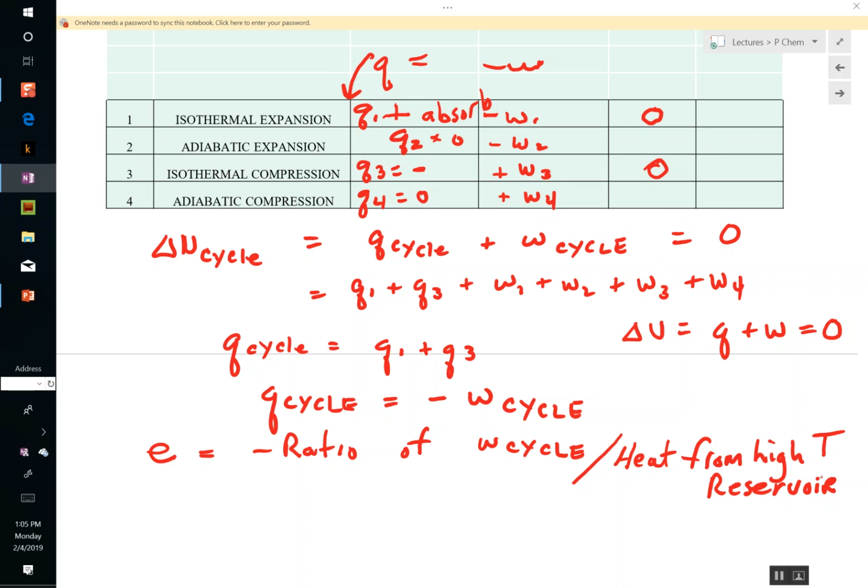So there's these two reservoirs being worked out. So one expression of the efficiency is this. The heat from the high temperature reservoir is Q1. So one expression of it is the work of the cycle divided by Q1.